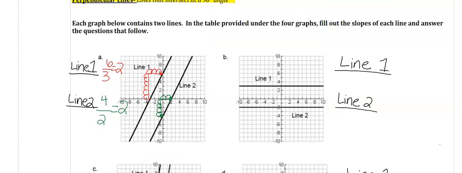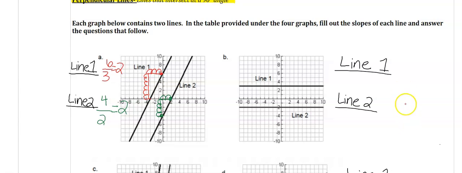Now if we take a look at graph B, line 1, if we're trying to find our slope, we can see that this is a straight horizontal line. So this is one of our special cases we went over last unit. So since it's a straight horizontal line, we have no slope. We're not going up or down in any direction.